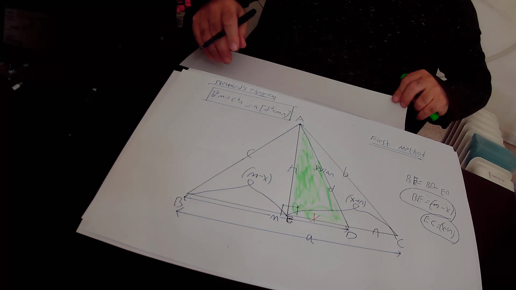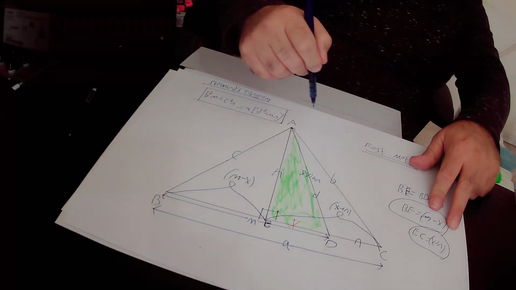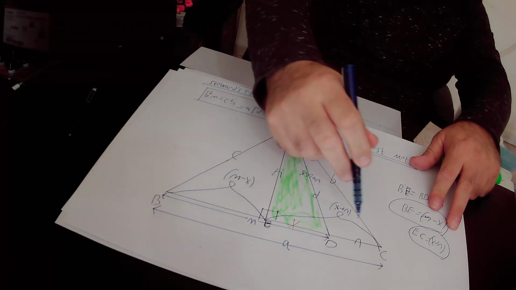In the next step, we'll implement the Pythagoras theorem on the right triangle, triangle AEC.